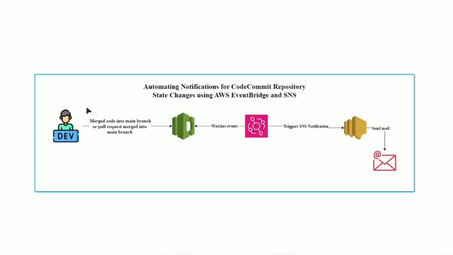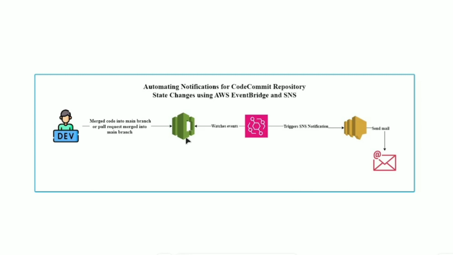So this is the architecture we are going to build now. I will explain this architecture clearly. Whenever a developer or any reviewer merges code into the main branch, or any pull request merges into the main branch, or any changes happen in the main branch, then EventBridge watches the CodeCommit events.